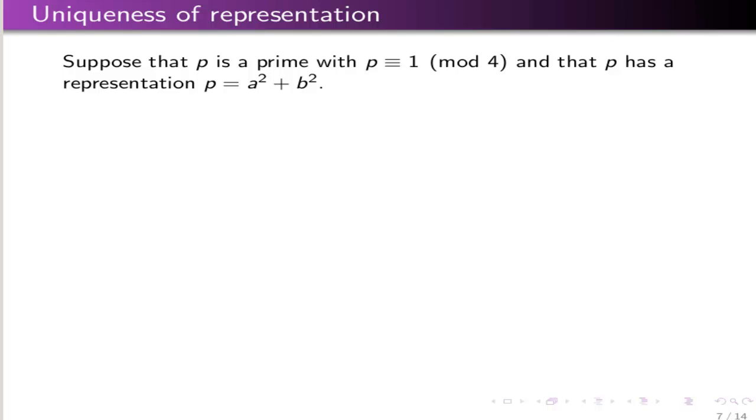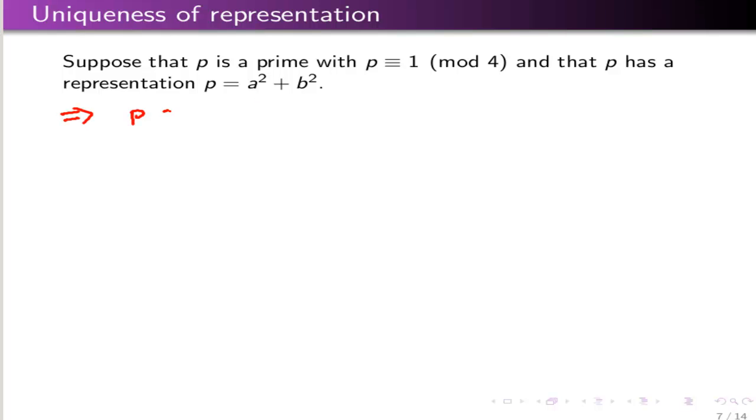Next, let's turn to the uniqueness of representation. So suppose I have a prime congruent to 1 mod 4 and that it has a representation p equals a squared plus b squared. I want to show that the values a and b are unique in some sense, up to order or plus or minus signs. So what's going on here?